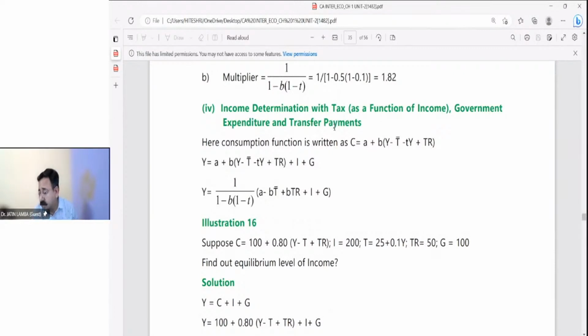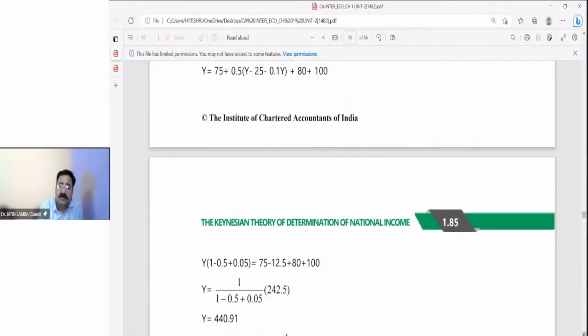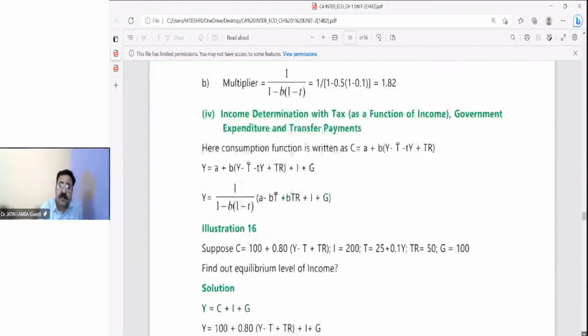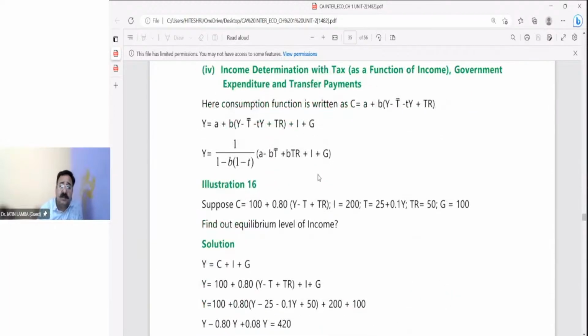Here government transfers are also given. Okay. So in the fourth case, government expenditure G is given, transfers constant are given, and tax is a function of income. Now put the formula.